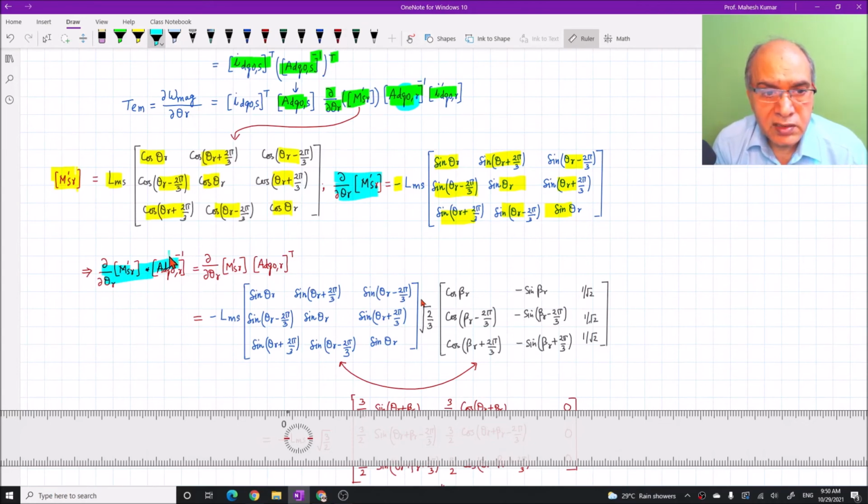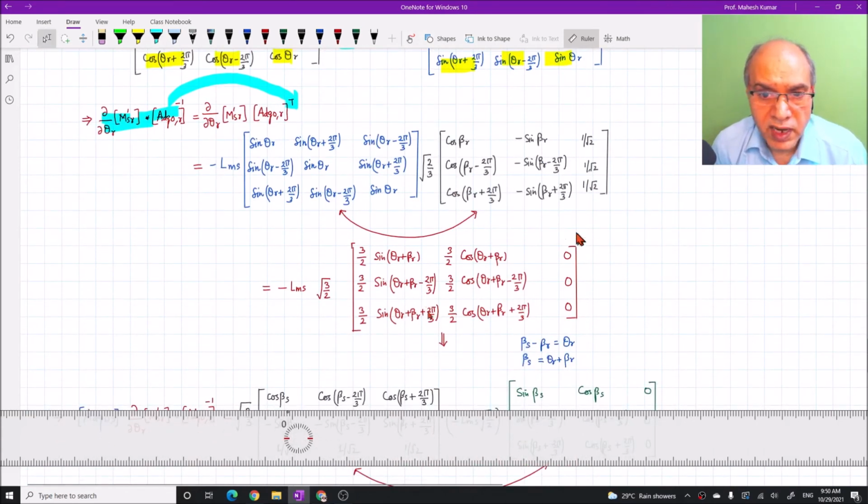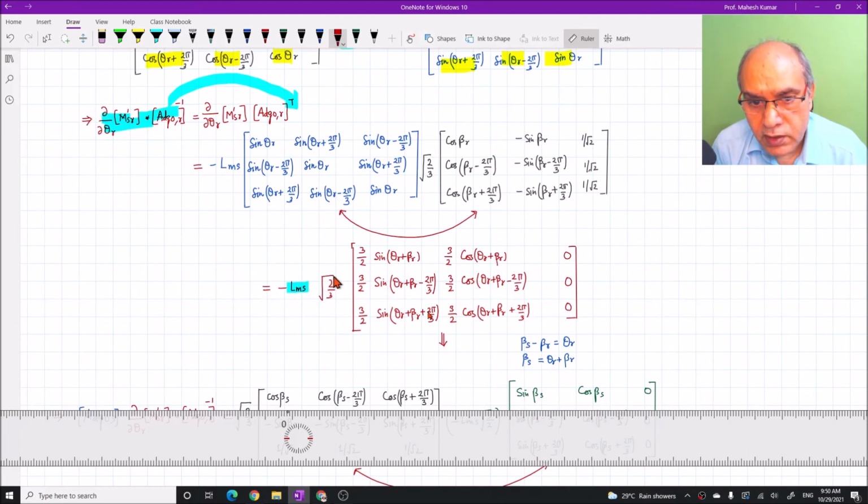So we can write this inverse as a transpose and multiply these two matrices. Then we will get this matrix. This is 2 by 3 only, and this element is 3 by 2. So if we multiply these, we will get 3 by 2 of sin theta r plus beta r, 3 by 2 cos theta r plus beta r.